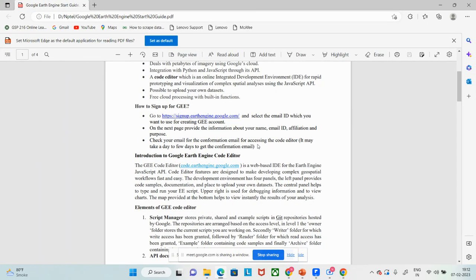You can say you are using it for academic purposes, and give a project, like land cover or land use. Fill in your basic information, and within one day your account will be started.